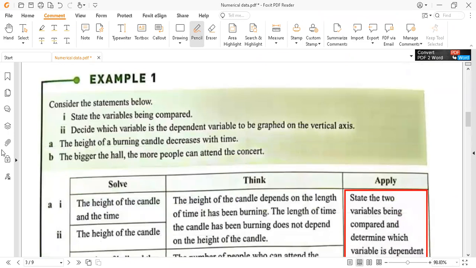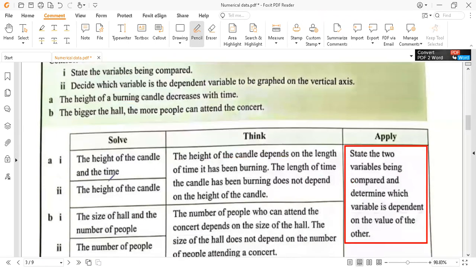Let's move on. They ask us to consider the statements below and to state the variables being compared. For example, the height of the candle and the time. Here we have two nouns, the height and the time. While progressing in time, the height of the candle shrinks, it is going to be shorter.